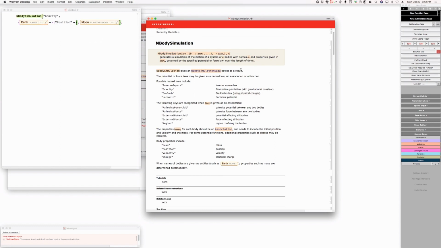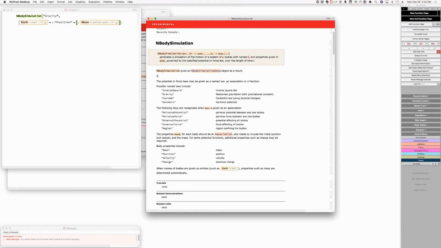Okay, so the very first thing to say: the potential or force law can be given in the form, or force law can be given as.